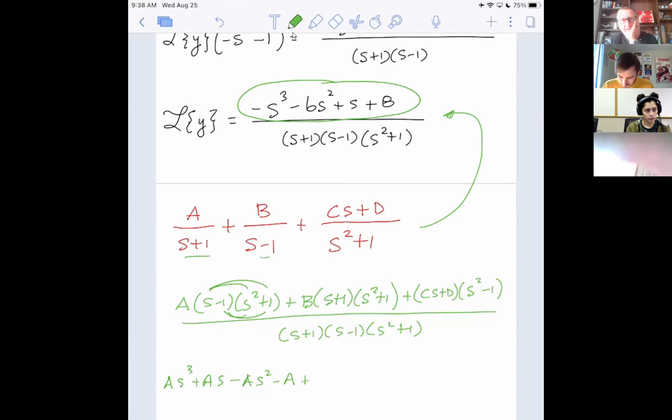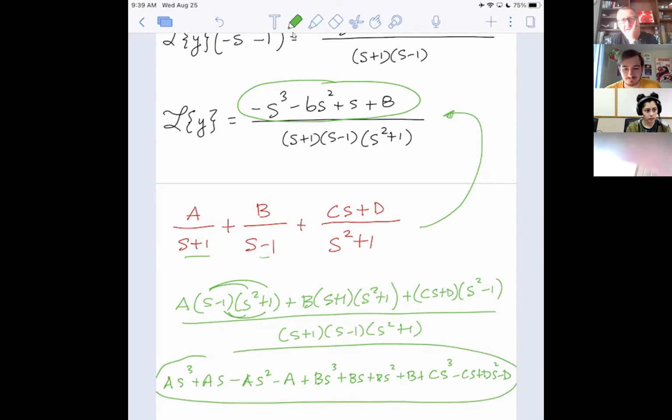Same thing's going to happen with B. I'll get Bs cubed plus Bs. That's convenient. Bs plus Bs squared. And then plus B times 1. On the last one, I'll get a Cs cubed minus Cs plus Ds squared. Squeeze it in. Minus D. And so that's got to be equal to my other numerator, sorry.